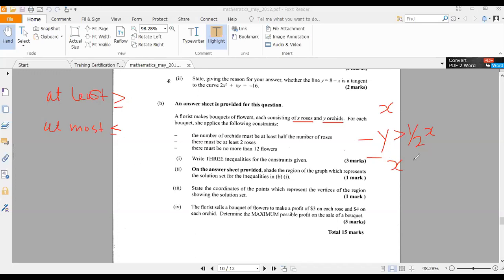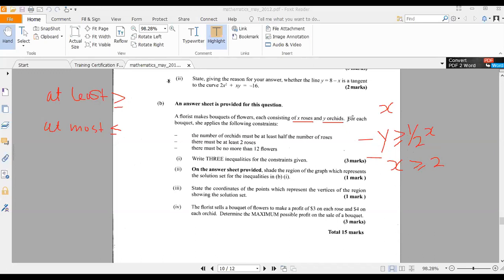So it'll be X greater than or equal to what? Now remember that I should put the equal sign on this one. Greater than or equal to 2. Clear so far? So we've done the first one and the second one.